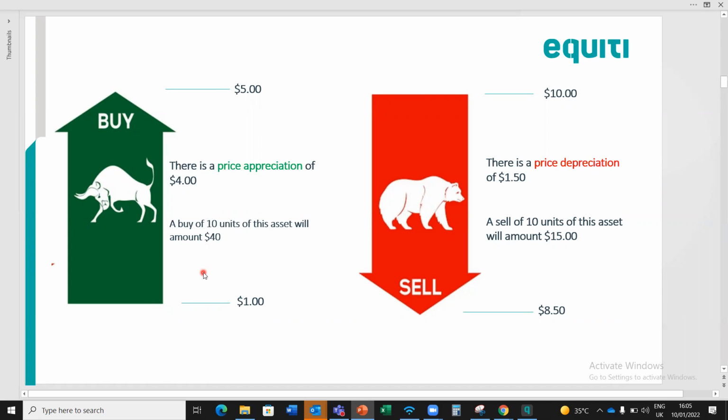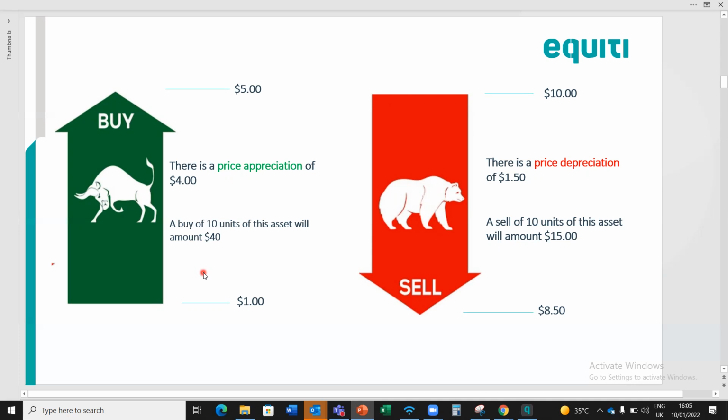So it's a simple technique. When prices are about to appreciate, we buy. Once you say buy, what your broker understands is that you are saying prices are going to appreciate. Understand this concept, please. We have two options, either to buy or sell any asset, any commodity, any shares, any stock.